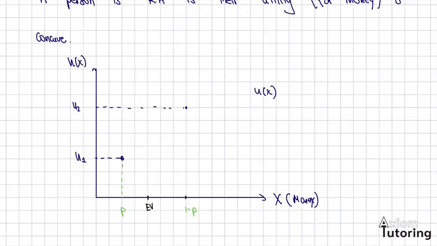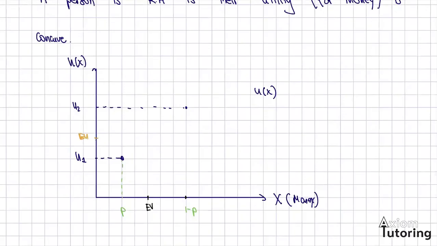If you calculate the expected value, which is the average of these two outcomes, and you find this X value here, and if you calculate the expected utility, which will be somewhere here, expected utility.